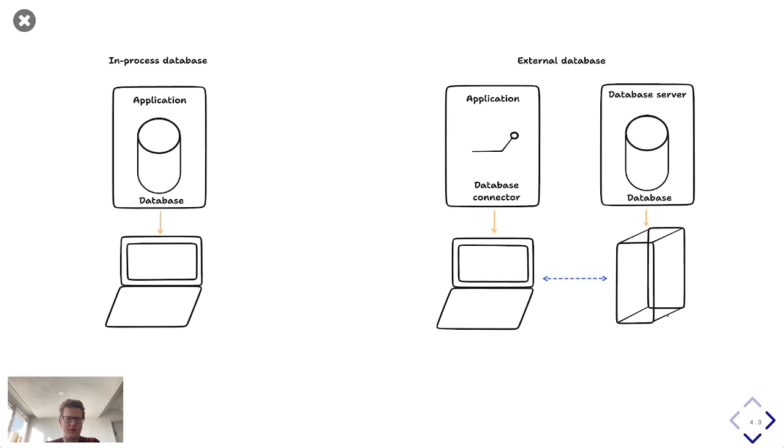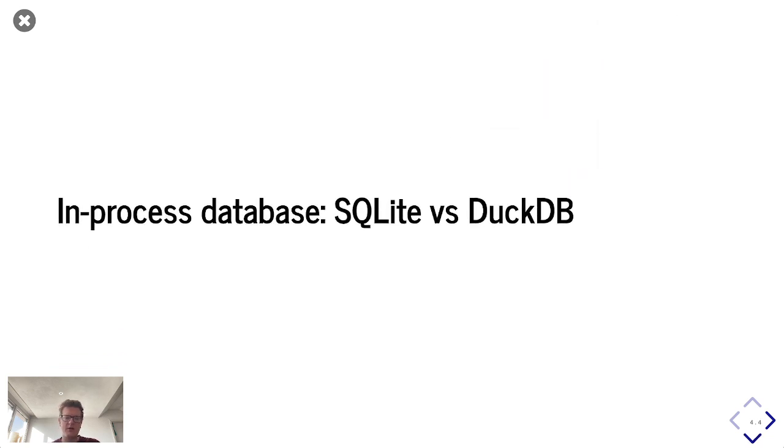But with an in-process database, you don't have to start a database server. You don't need any special things. You can just run your application and it works. But then there's also a difference in the in-process databases, because SQLite is also an in-process database, and so is DuckDB.